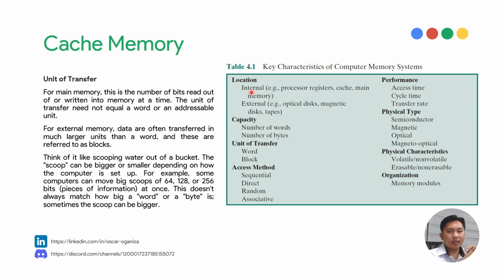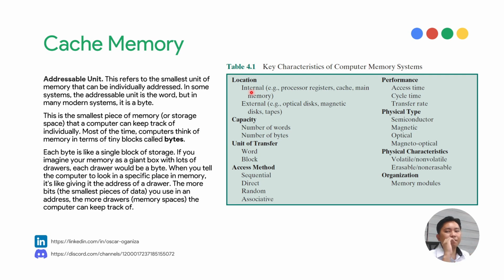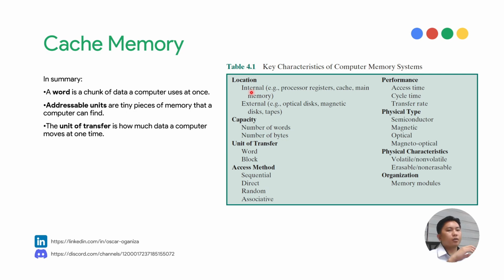So, for example, your data has 64 bits. Then it is transferred by bit or by block. That depends on the setup of the CPU. Those are some of the key characteristics of cache memory: the bit, the byte, the addressable unit, and the unit of transfer. To summarize, the word is a chunk of data. The addressable unit is the address of those chunks of data. And the unit of transfer is how this data is transferred one at a time.